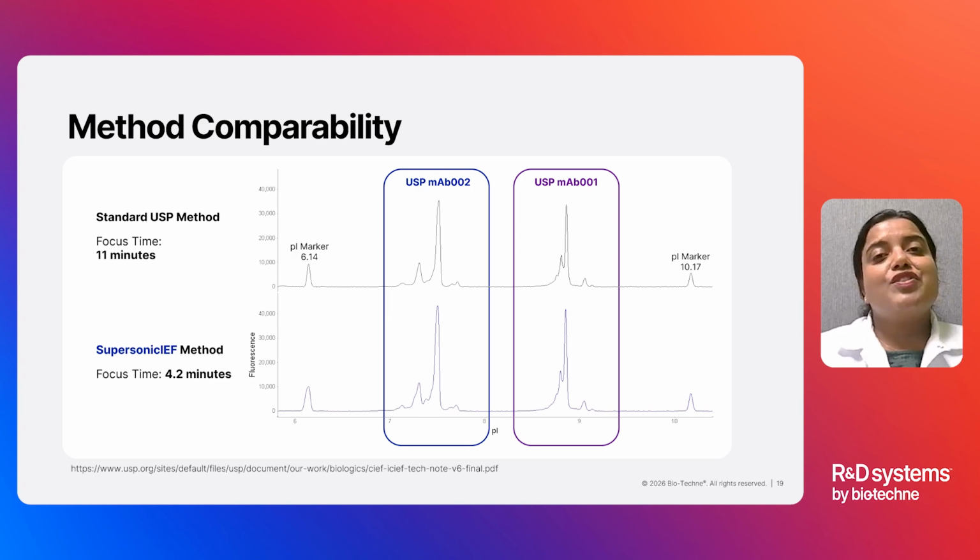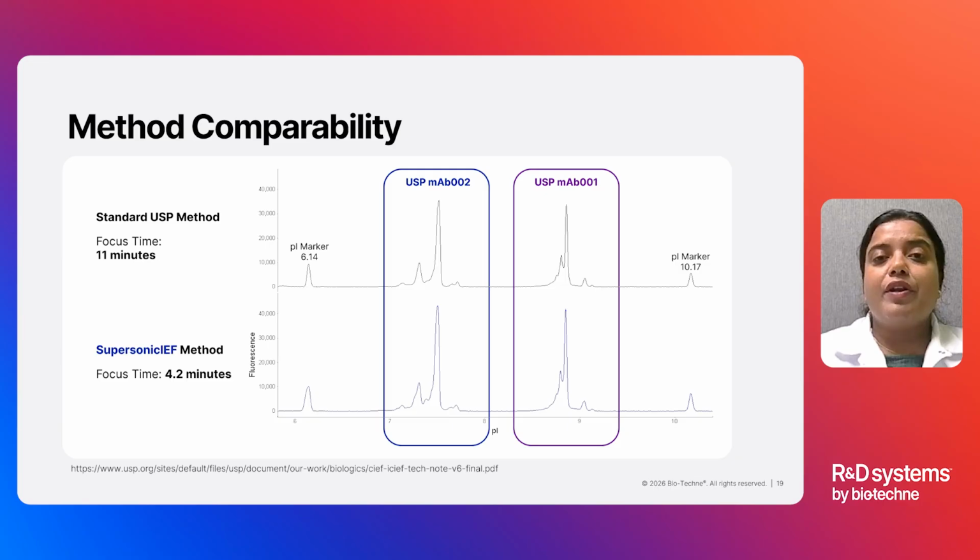This slide demonstrates the comparability of the standard USP-MAB icIEF method and the faster supersonic method. The electropherogram here shows the major charge variant peaks, including the USP-MAB 002 and USP-MAB 001. They are preserved with similar peak shapes and relative intensities in both methods. Now, the key difference is the speed.